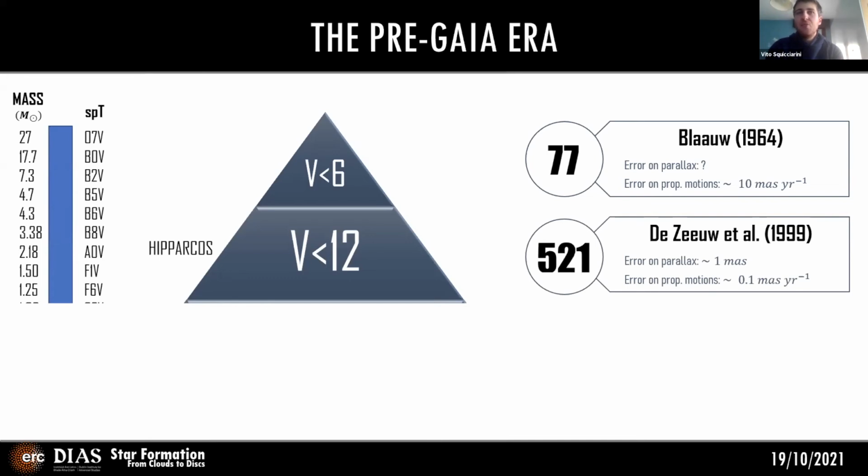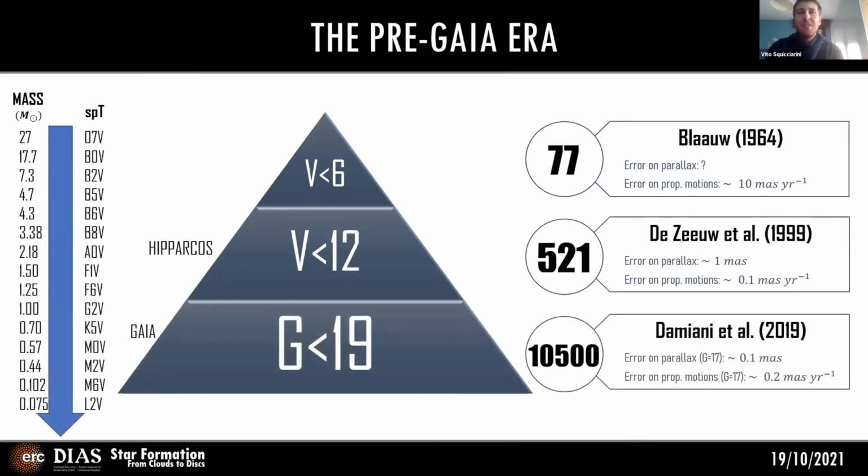But the real revolution, as we are saying a lot of times in these talks, came with Gaia, because Gaia gave us the opportunity, as you can see on the left, to probe all the initial mass function down to the deuterium burning limit.